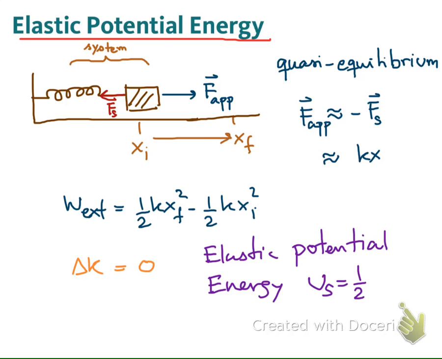Elastic potential energy is equal to half of k x squared. So it means that we can write this external work from the external applied force as delta U_s. So this is the definition of the elastic potential energy.